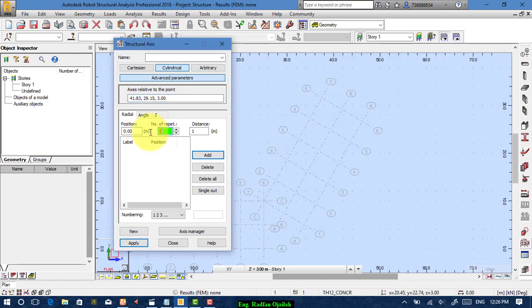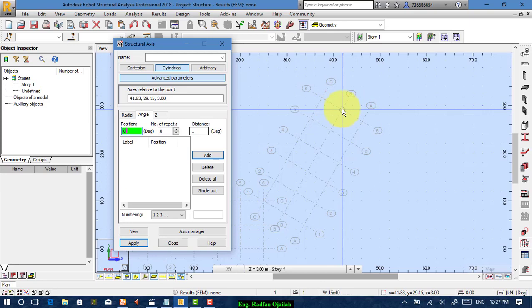and start number of repeats. We want 2 repeats, just 2 repeats, for example this one and this one, and distance at for example 3 meters, and let's let them be numbers and add. And another important point is what should be the angle at which the new grid lines should be aligned.